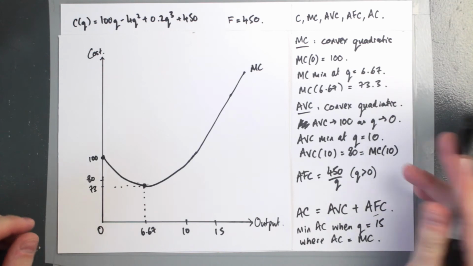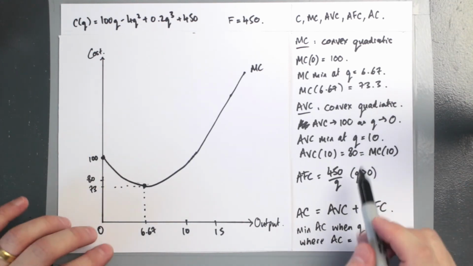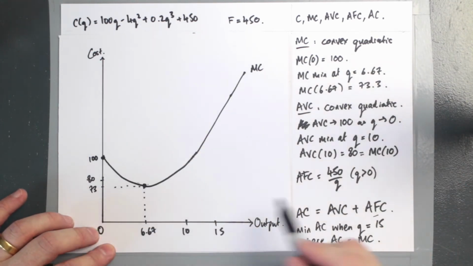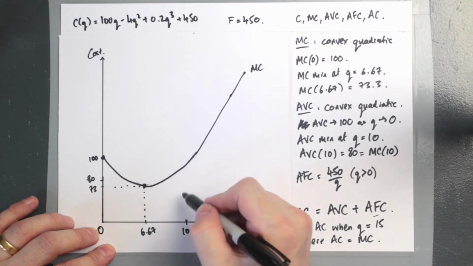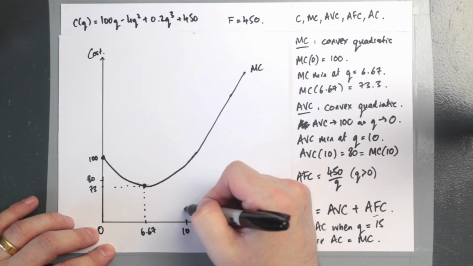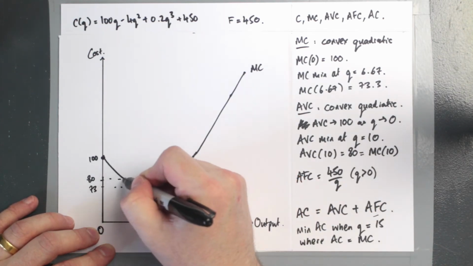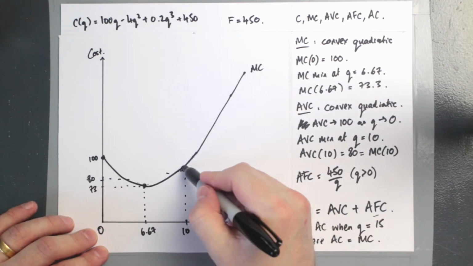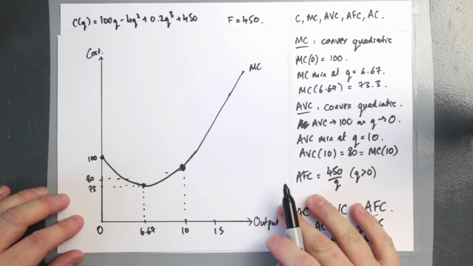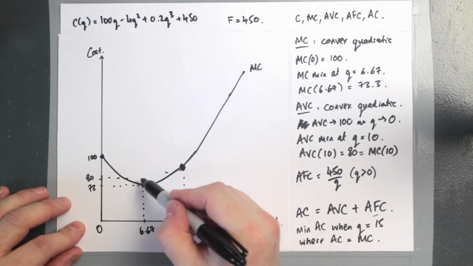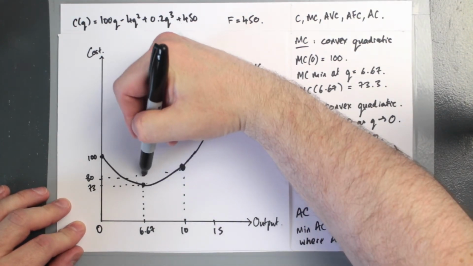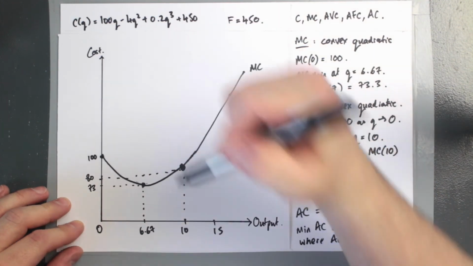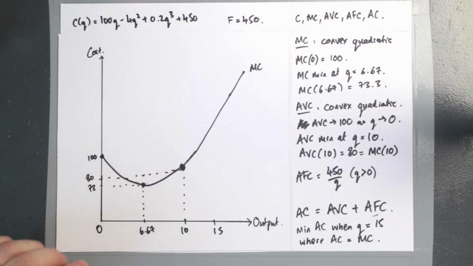Now let's place the average variable cost. Where would this go? We know that it starts close to 100 and that it's minimized when Q is 10. And also that that's where it intercepts this marginal cost curve. Okay, so I'll make that blob a bit larger to correct my drawing. So this should be 80 here. Okay.